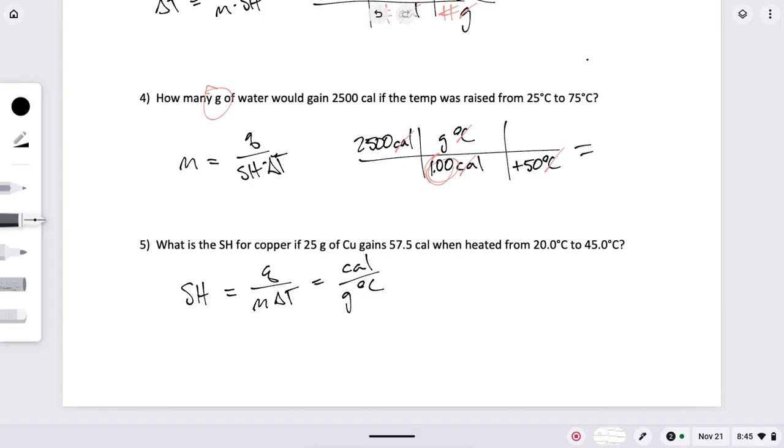You just put your calorie number on top, divide it by the number of grams that you have, and the change in degrees Celsius. You've got to use the 45 and 20 for that. But once you plug those numbers in, just divide and you're good. Should be pretty easy.